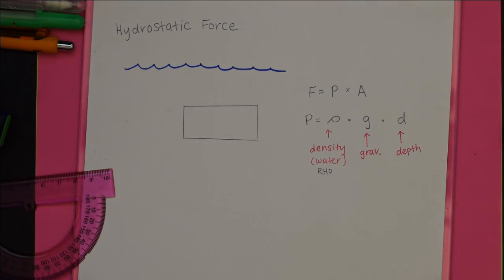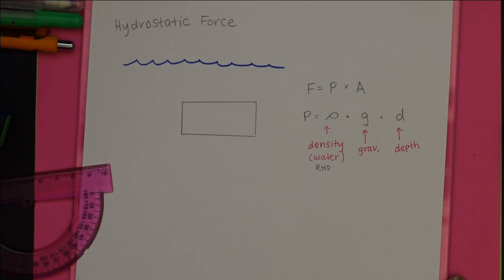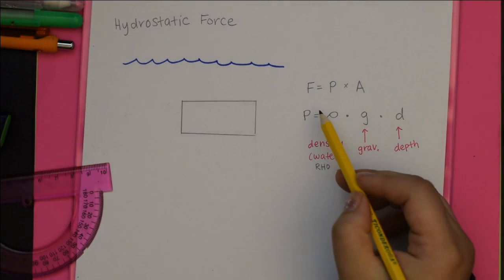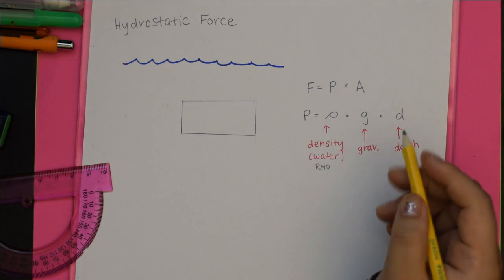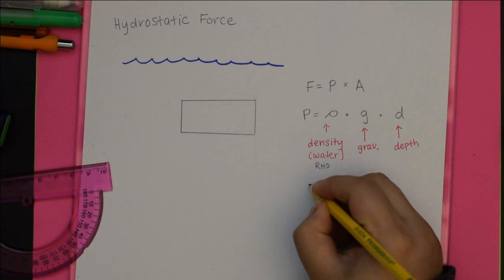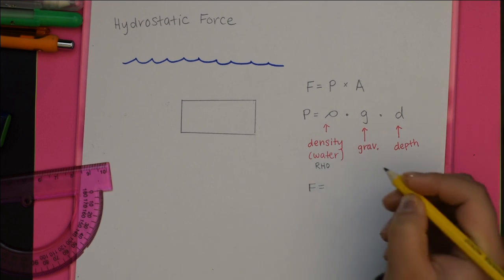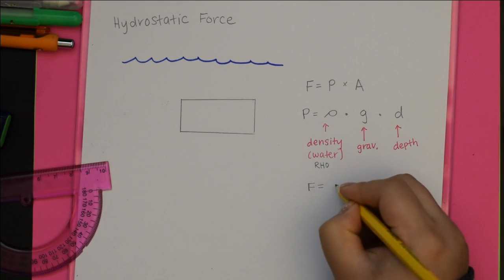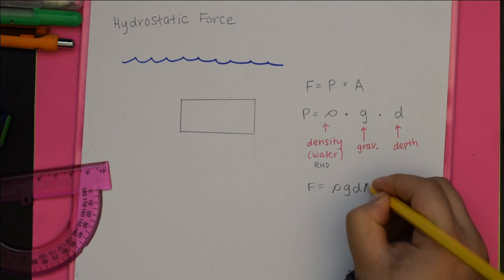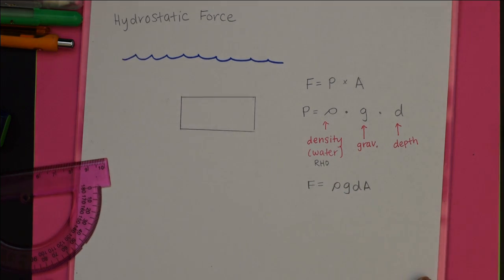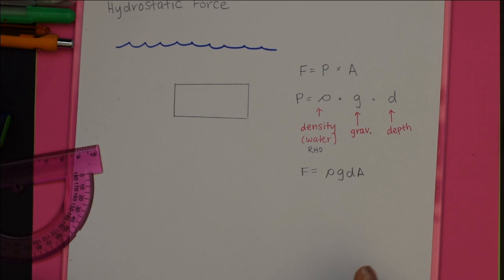R-H-O. Rho. Okay? So if I substitute P into here, then I just get F equals rho G D A. I wasn't kidding when I said that there are a bunch of variables.